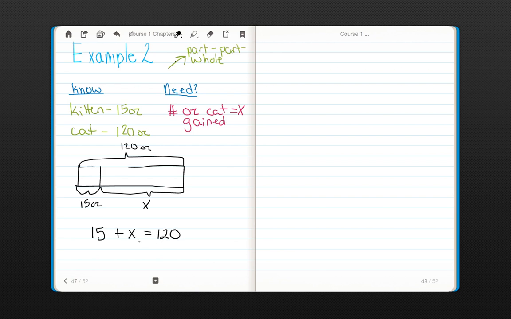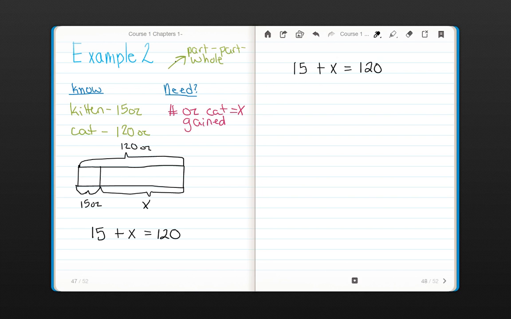120. Now notice that in my equation I am not including my units. I will go back and put my units in my final answer, but I'm not going to put them into my equation itself. So now that I have an equation, I need to solve it. So 15 plus x equals 120.